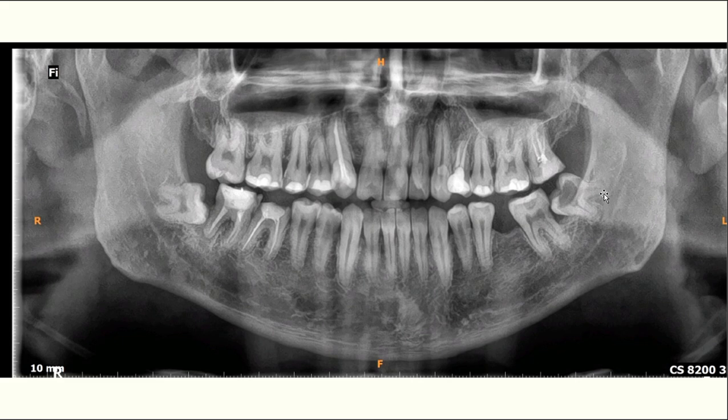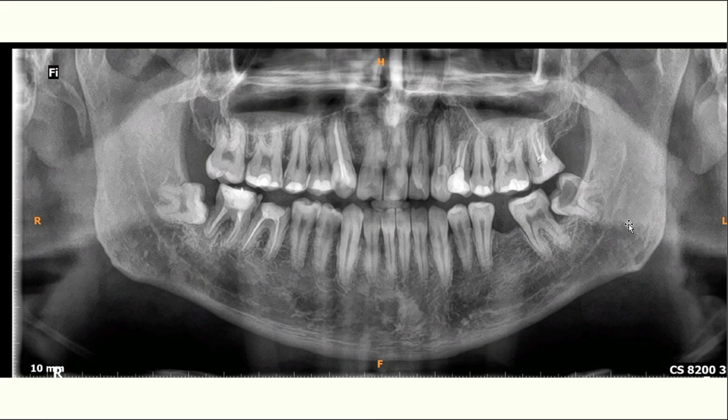But I need to see the 7 signs that we talked about: the darkening of the roots, the deflection of the roots, the narrowing of the roots, the darkening of the canal, the narrowing of the canal, the diversion of the canal, and bifid roots.